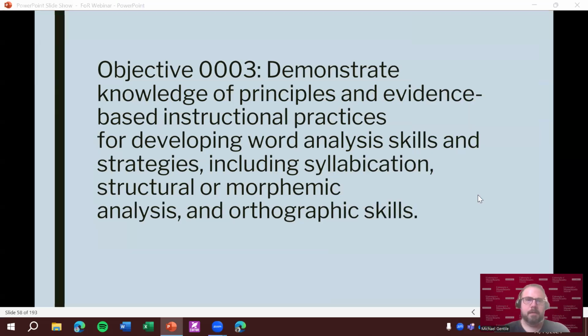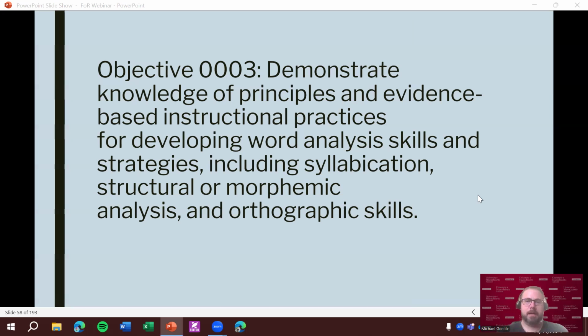Objective 3, demonstrate knowledge of principles and evidence-based instructional practices for developing word analysis skills and strategies, including syllabication, structural or morphemic analysis, and orthographic skills. In Objective 3, we're going to start to move past the simple letter sound correspondences that we were being asked about in the Objective 2 questions in regards to phonics.